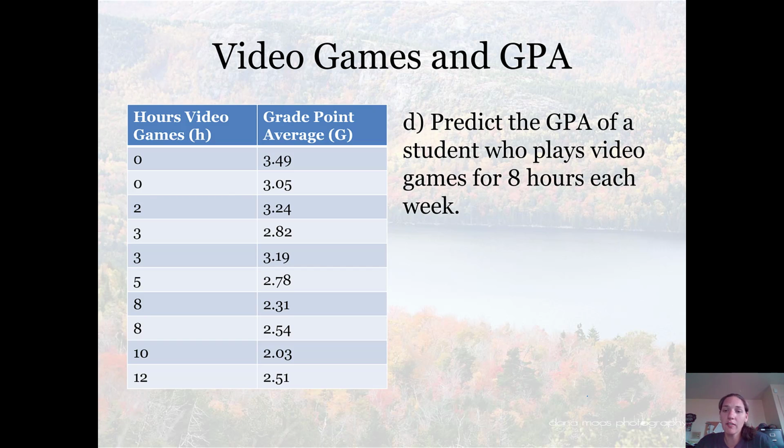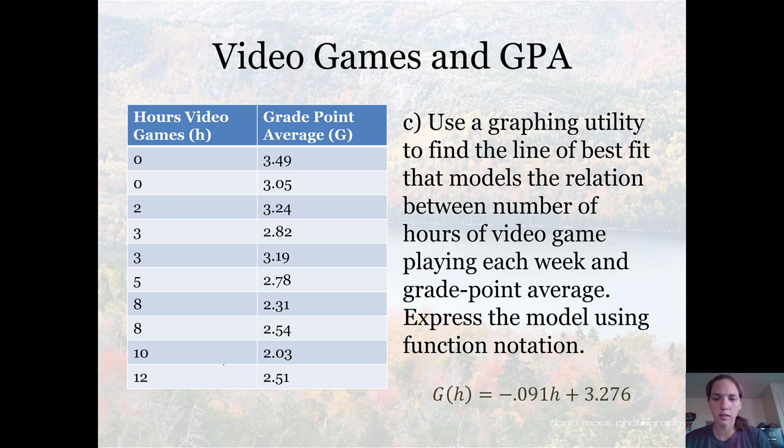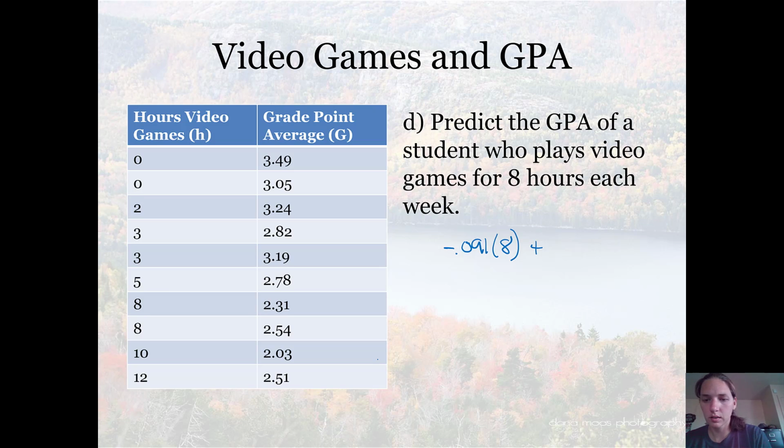Now we want to predict the GPA of a student who plays video games for 8 hours each week. So we're going to sub in 8 for x and do the math out.